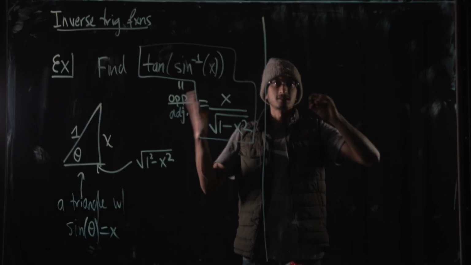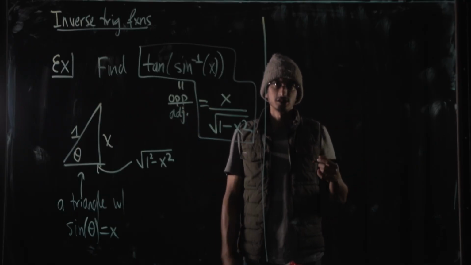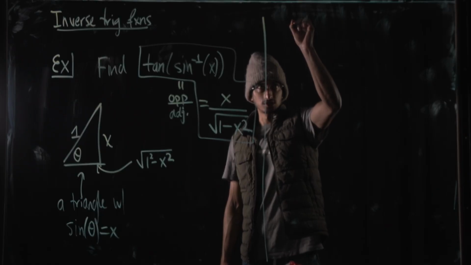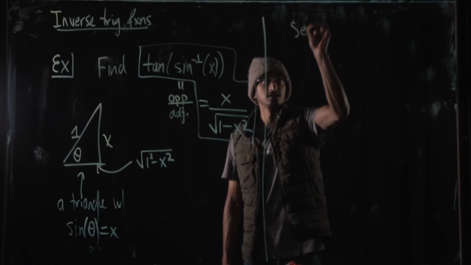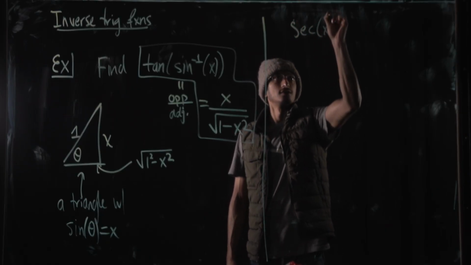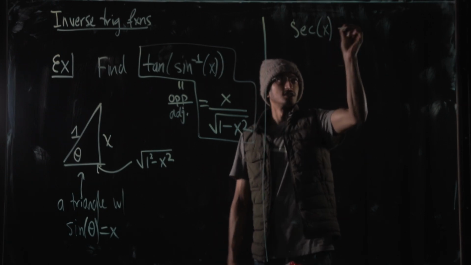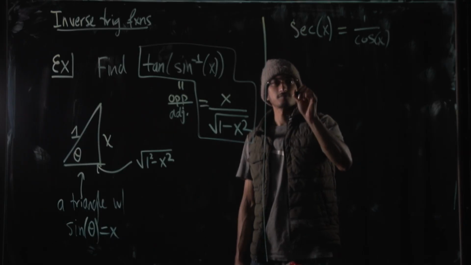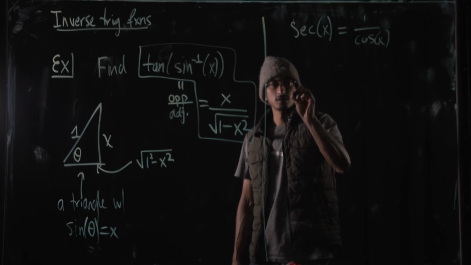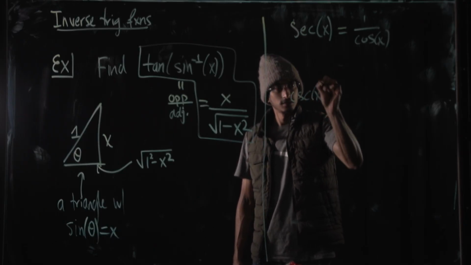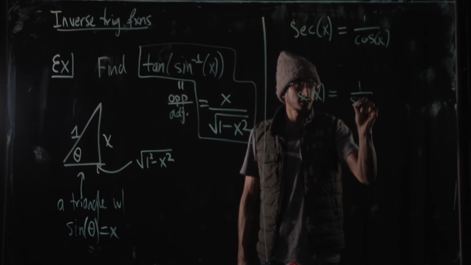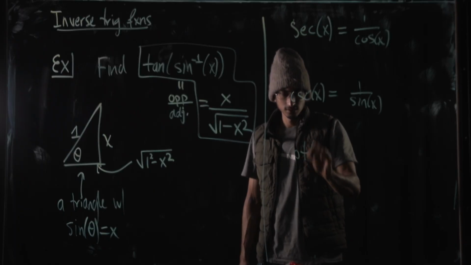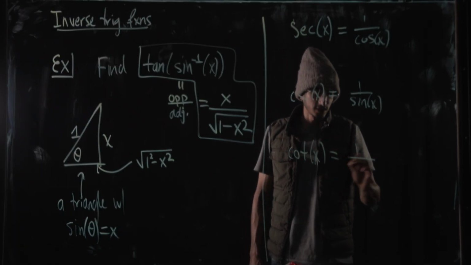But aside from sine, cosine, and tangent, there are other trig ratios. They're the trig ratios secant of x, which is defined to be 1 over cosine x, and cosecant of x, which is 1 over the sine of x, and the cotangent of x, which is 1 over the tangent of x.